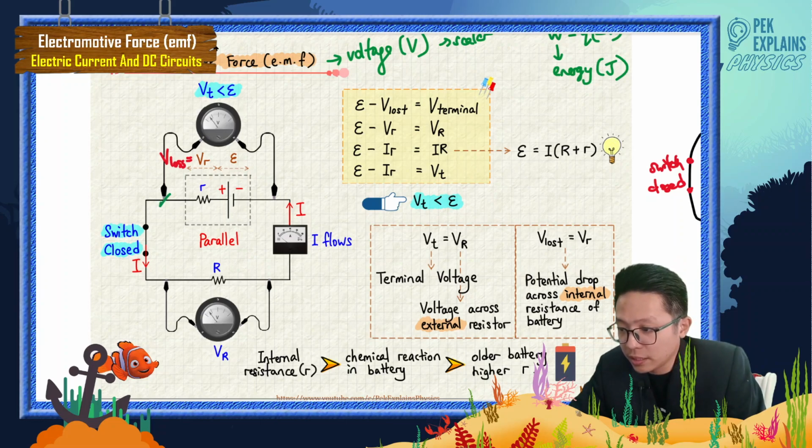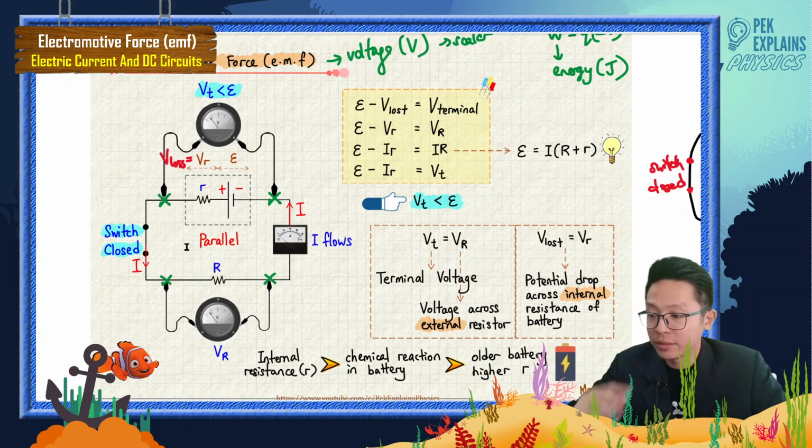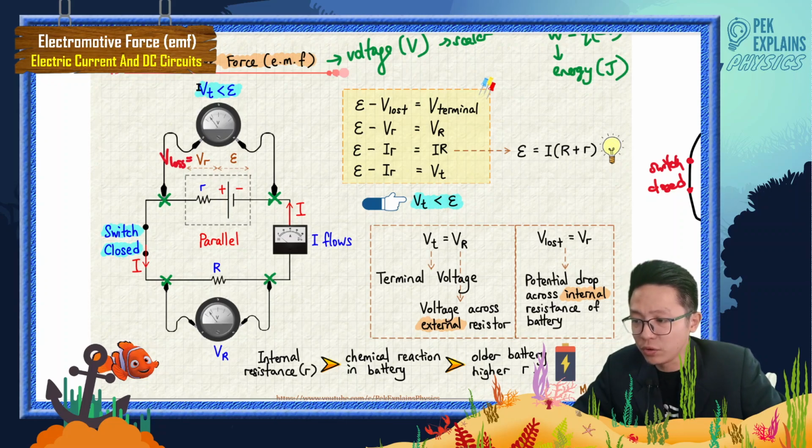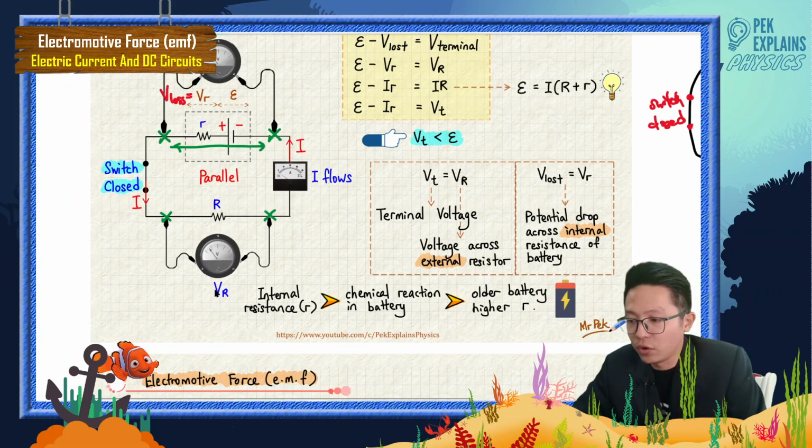You see here the voltmeter connects across these 2 points, isn't it? And this voltmeter below also connects between these 2 points. So this terminal voltage is the voltage across here, and the VR is the voltage across here.